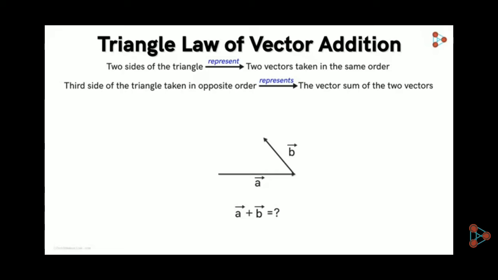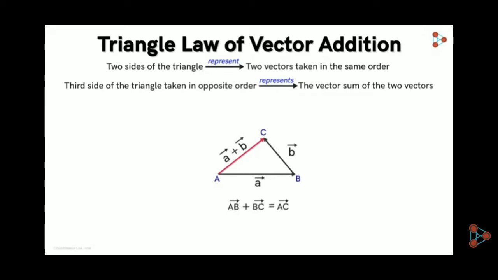Now notice that these 3 points A, B and C form a triangle. So according to the triangle law of vector addition, the vector sum of these two vectors will be the third side of the triangle ABC, such that its initial point and that of vector A coincide, and its terminal point and that of vector B coincide. We write it as this.